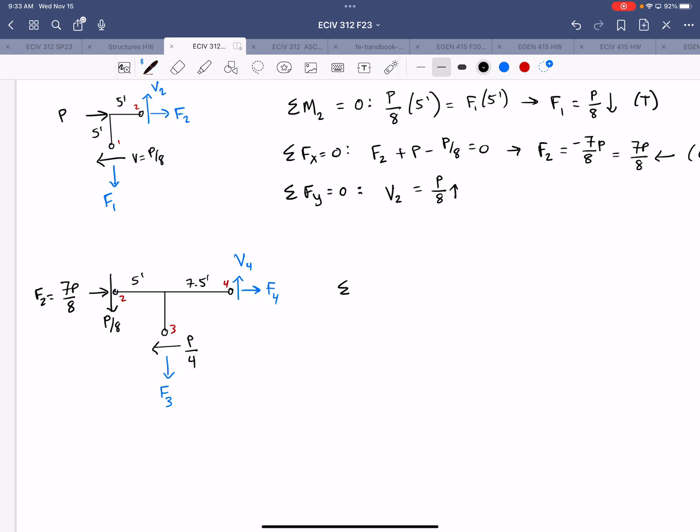All right, so again, summing moments about the beam hinge, which is 4 in this case. We have P over 8 times 12.5 feet.